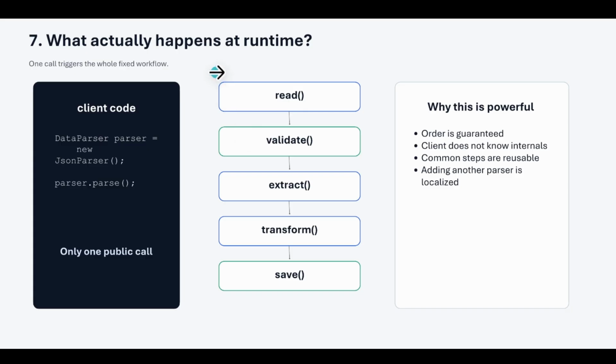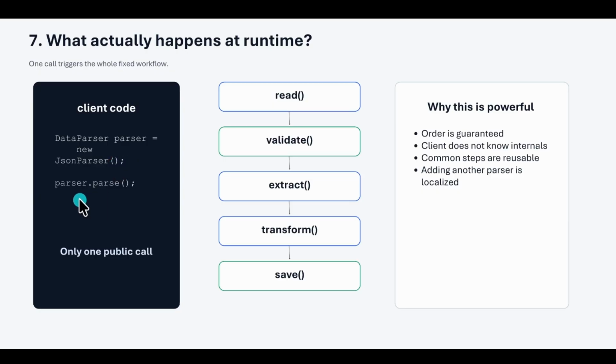Now, what will actually happen when we run that code? Let's take an example where we are creating a parser of type data parser and the object of JSON parser. At runtime, it will take all the methods that are written by this JSON parser. So this is the runtime polymorphism here.